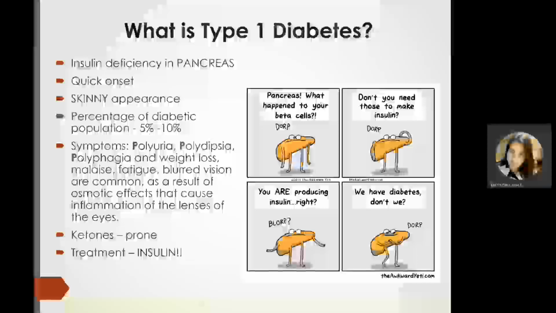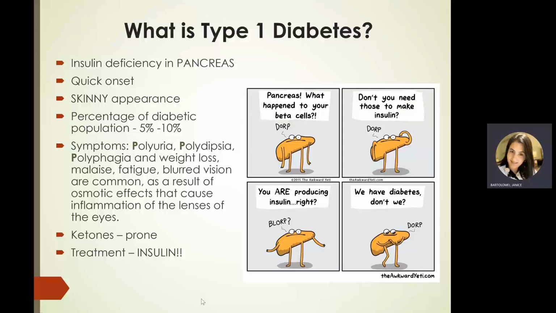So now let's break it down and talk about type 1 diabetes versus type 2. In individuals with type 1 diabetes, the pancreas is out of order completely. It's not working. You have a complete deficiency of insulin. It's producing nothing or barely anything.